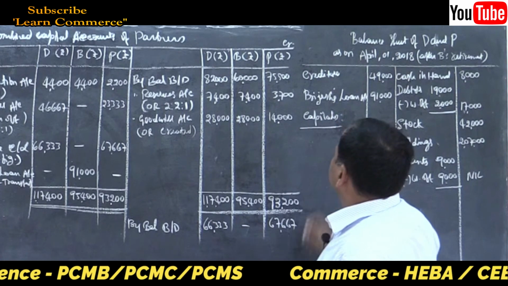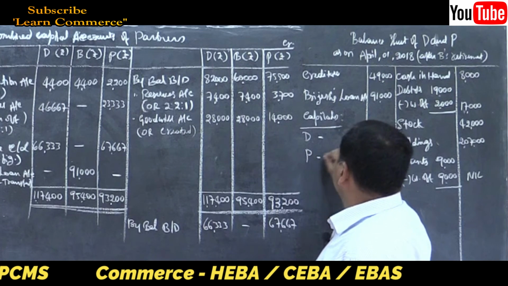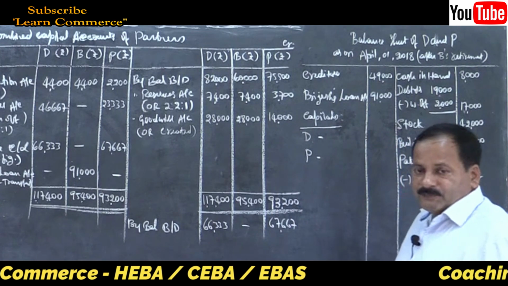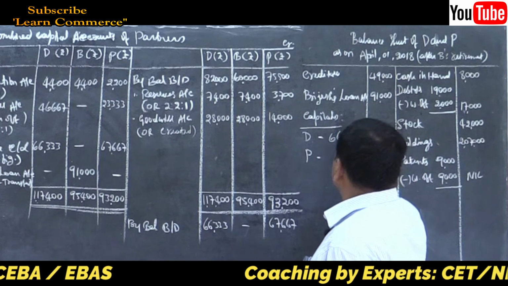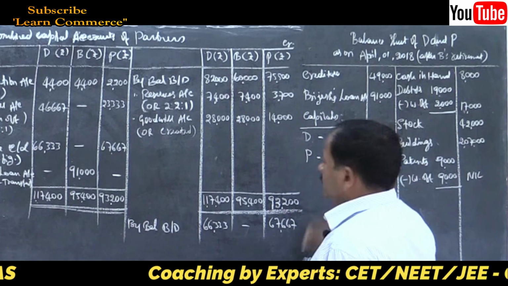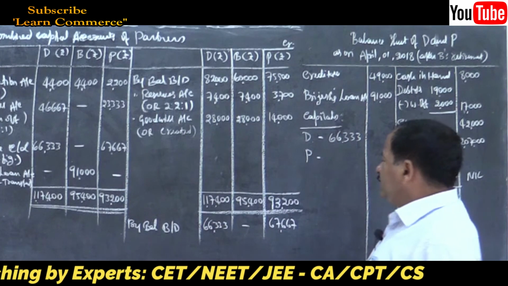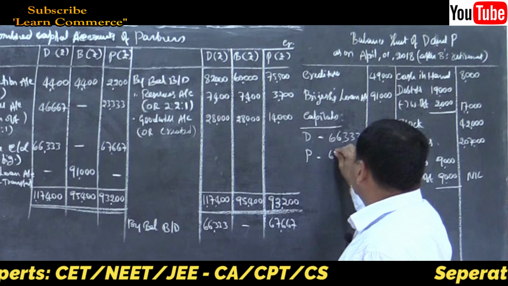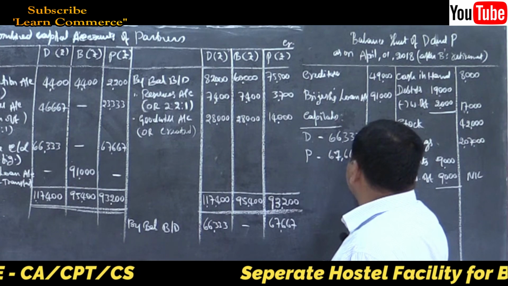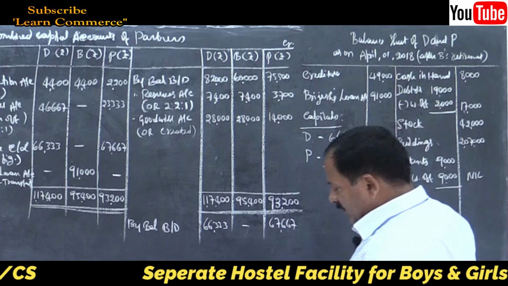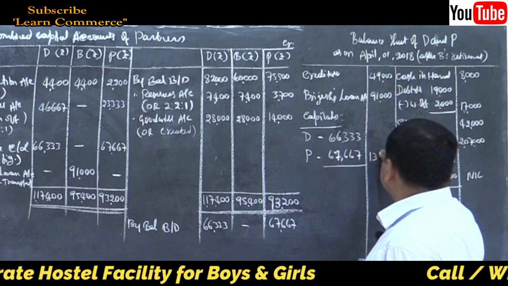Then write capitals under that, Digvijay and Parakram: 66,333, the capital balances, and 67,667. Add them together and write in the outer column: 1,34,000.